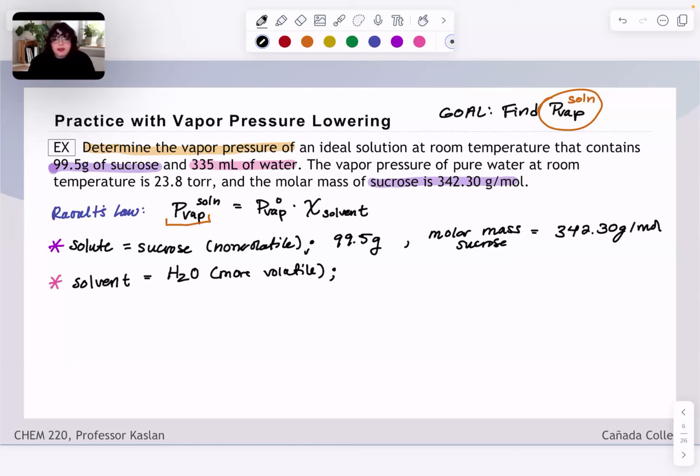Well, we've highlighted a quantity of water. We have 335 milliliters of water. And I was also told the vapor pressure of pure water was 23.8 torr. So I do know the vapor pressure of my pure solvent. That is 23.8 torr.